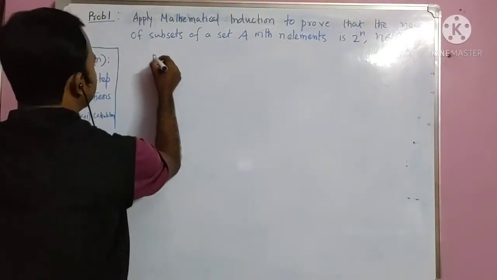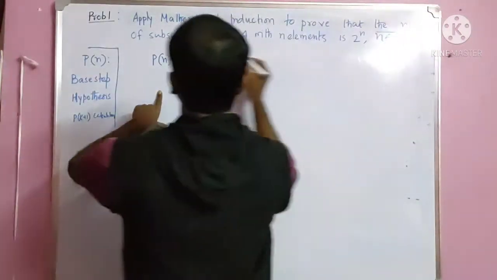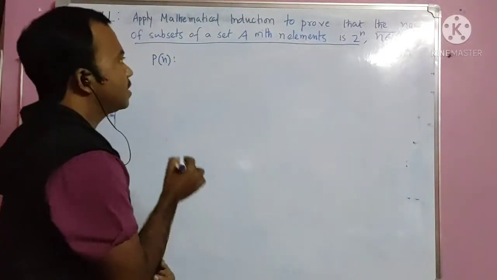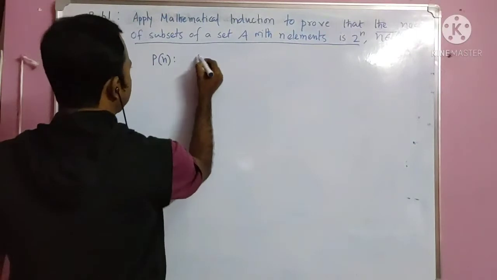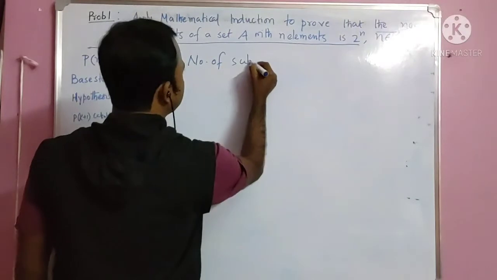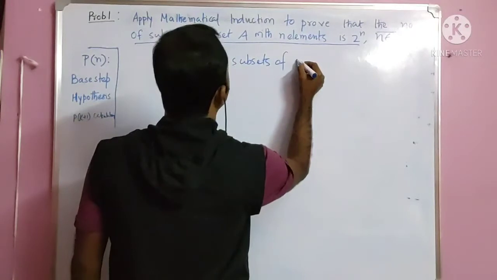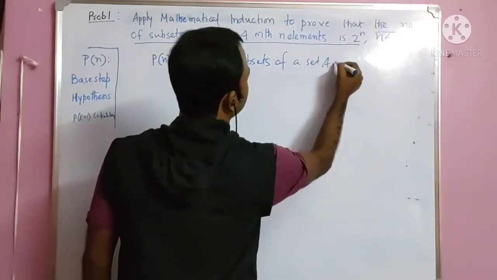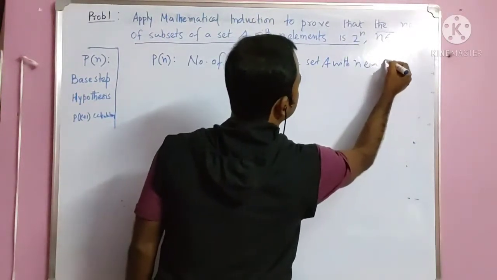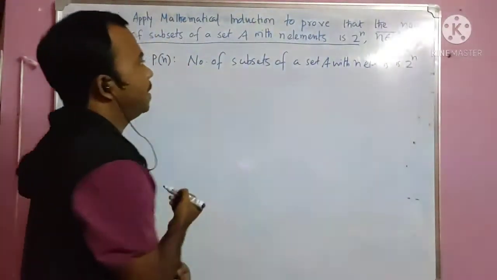The number of subsets of a set A with n elements is 2 to the power n. This is our P(n).